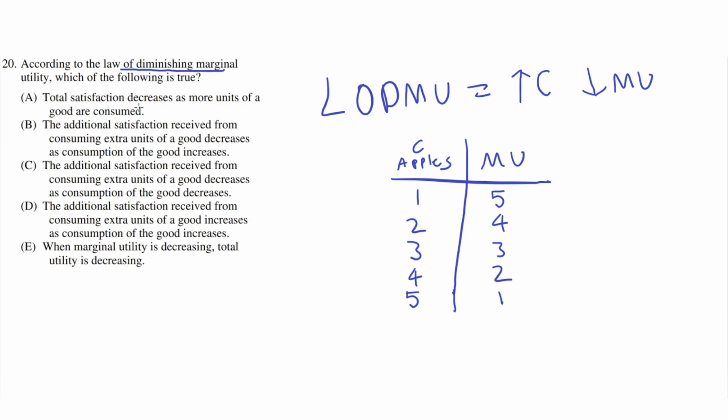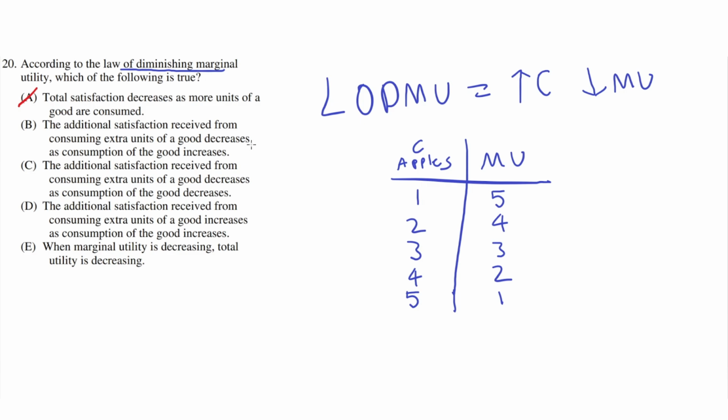A. Total satisfaction decreases as more units of a good are consumed. This is incorrect because while most of the sentence is correct, it's not total satisfaction that decreases, it's marginal satisfaction, or marginal utility. So A is incorrect. B. The additional satisfaction received from consuming extra units of a good decreases as consumption of the good increases.